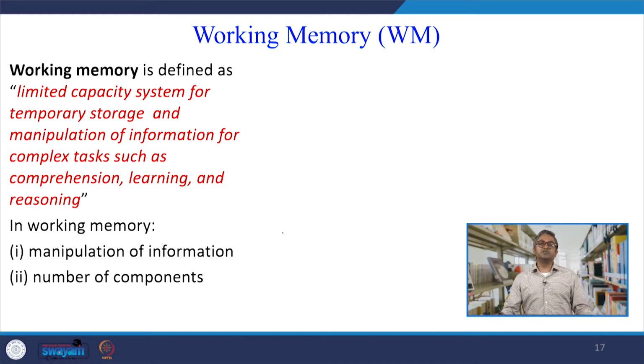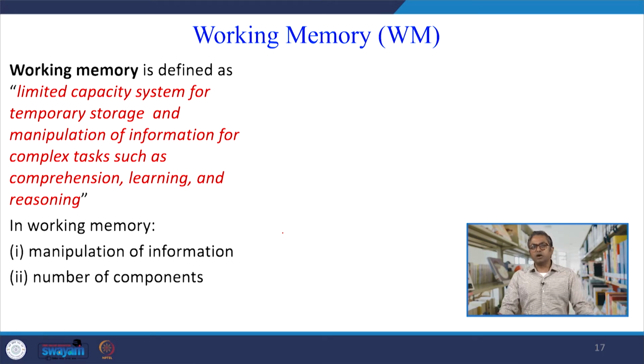So, working memory is defined as a limited capacity system for temporary storage and manipulation of information, for complex tasks such as reading, learning, reasoning, and comprehension, where the integration of information, the complexity of sentences, and the integration of words together plays a major role and requires a higher cognitive level.